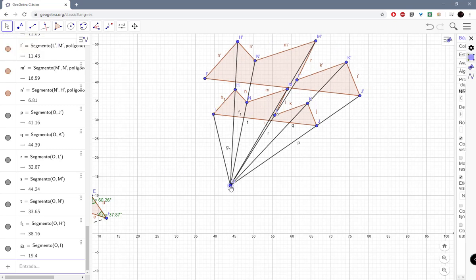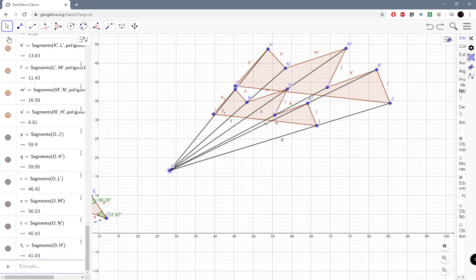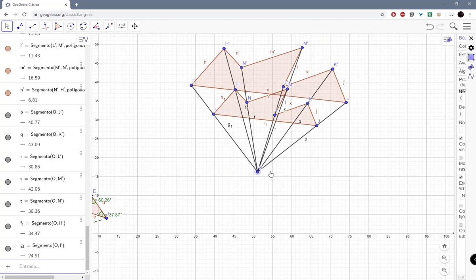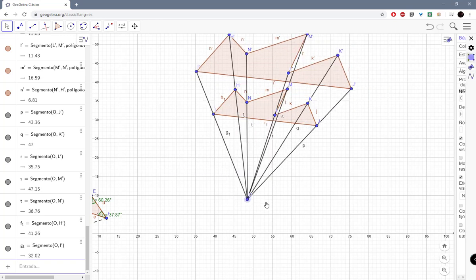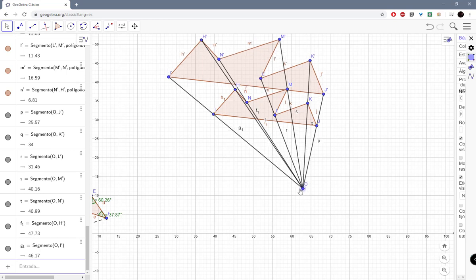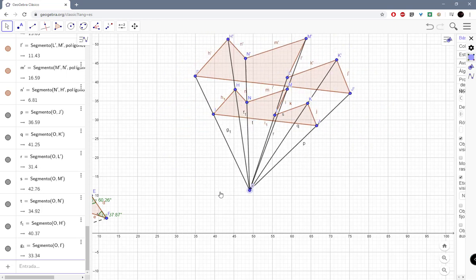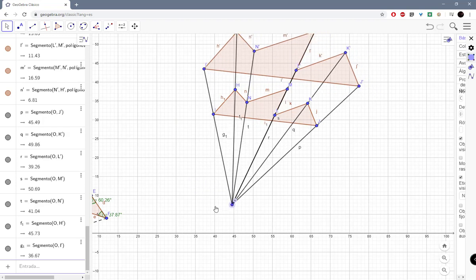If I move the point, oh, sorry, one was missing. Now if I move the point, the center of homothesis, you see that everything is connected, and the vertices of the original are always connected to the vertices of the image.